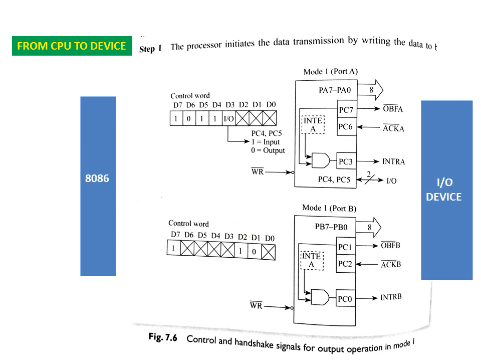In the previous example, the 8086 processor reads data from IO devices, that's why it is known as reading. Now in this example, the 8086 processor outputs the data, or simply writes the data, to the IO devices using port A or port B.